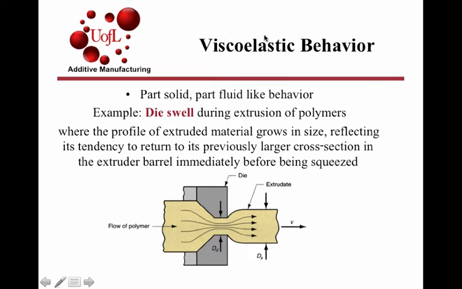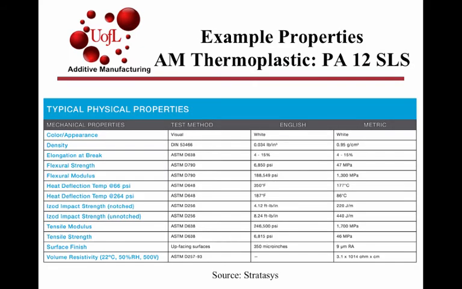So viscoelasticity defines behavior of many of the polymers and polymer melts. It can be seen, for instance, in the case of a polymer being extruded during fuse deposition modeling. As it's pushed through the nozzle, you end up having a spring back effect, and the diameter of the material that comes out is a little bit higher than the diameter of the nozzle itself. Here are some examples of properties of thermoplastics used in additive manufacturing.